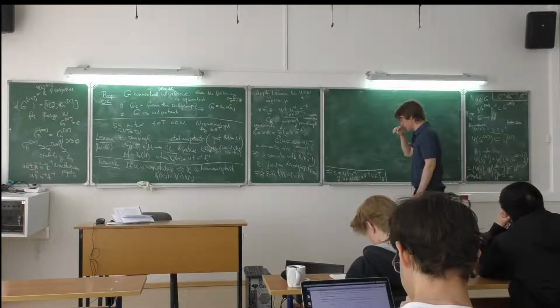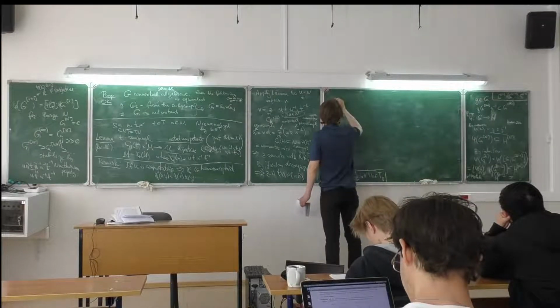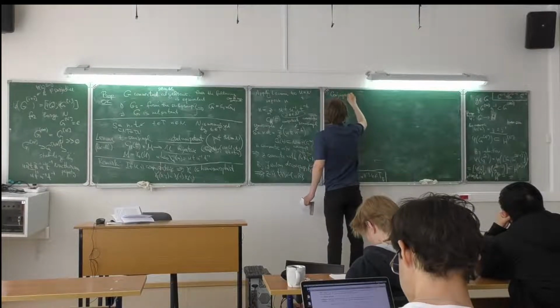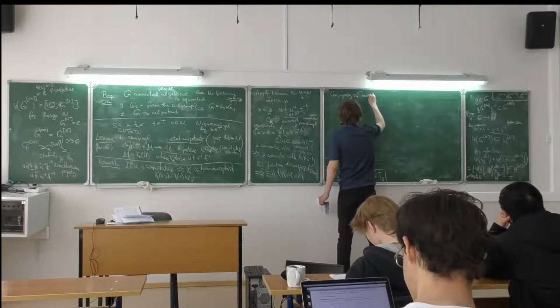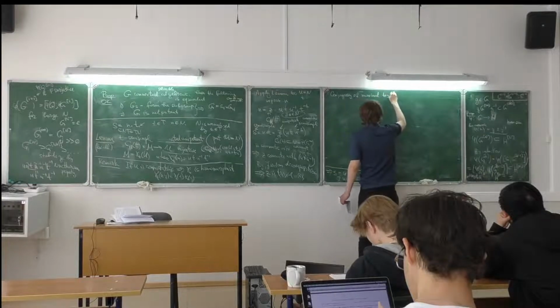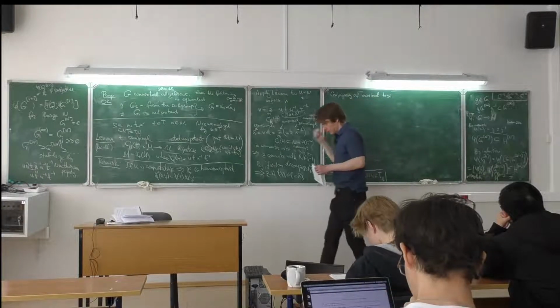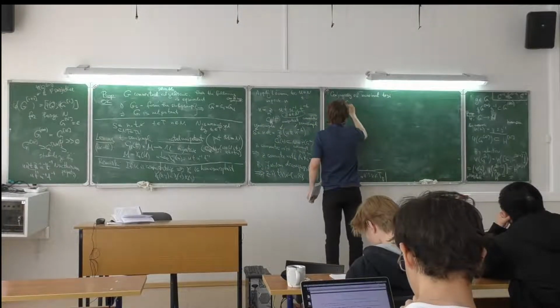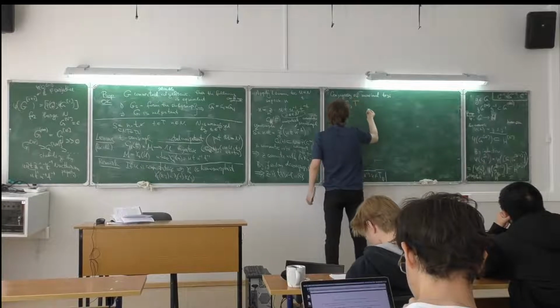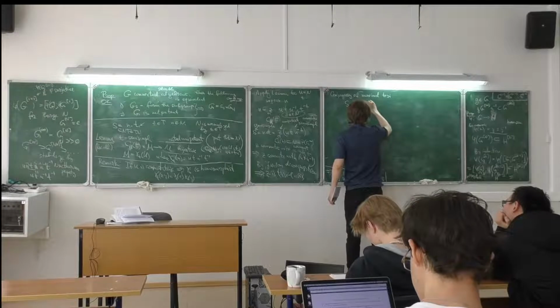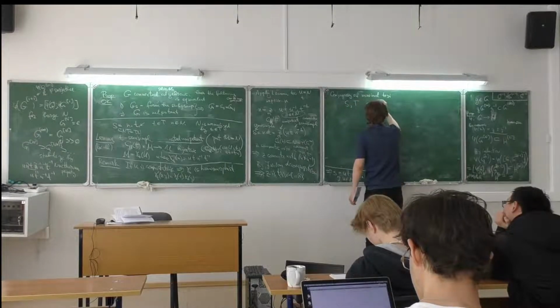So, yeah, the next step is to prove the conjugacy of maximal tori. The idea is to use the following. Suppose you have S and T, and you want to understand that they're conjugate.